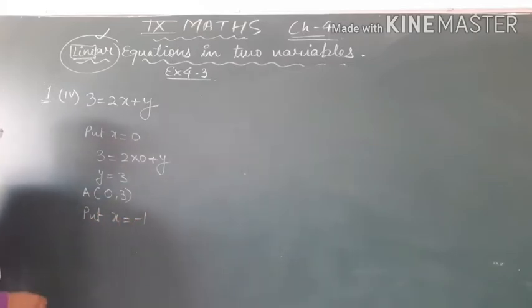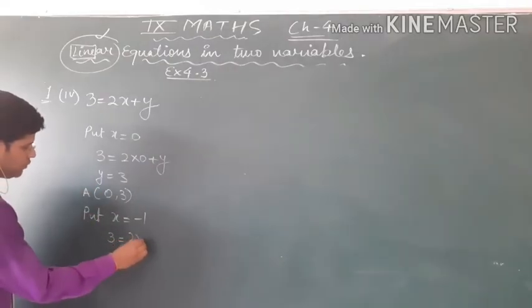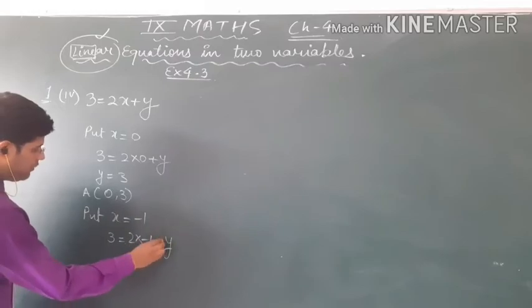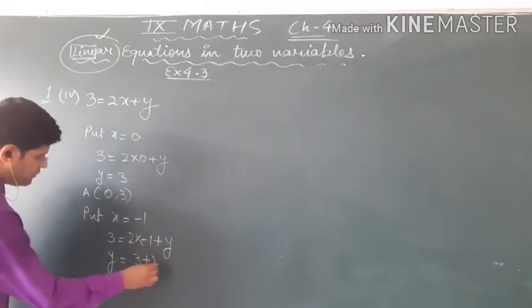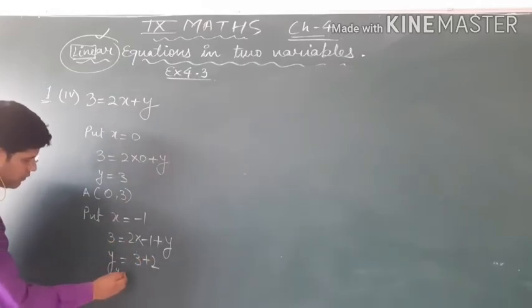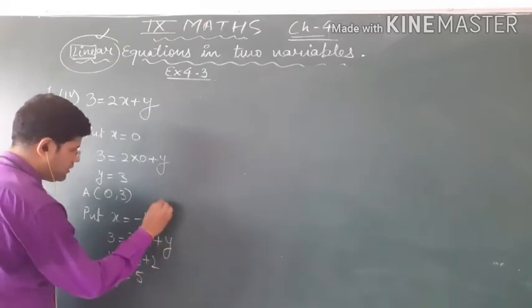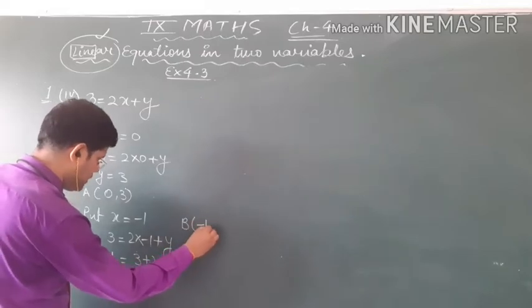Here I am starting to put the minus 1 value. Then 3 is equal to 2 into minus 1 plus y. Then when we solve it, y equal to 3 plus 2, because minus 2 comes to this side. Then y equal to 5. Here we have solution number B. Here I am going to write B, that is (minus 1, 5).